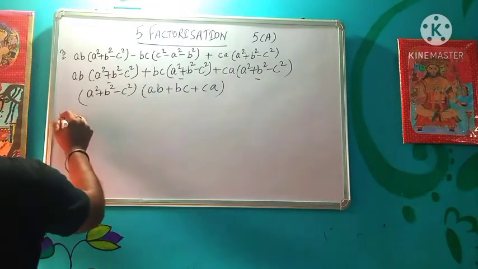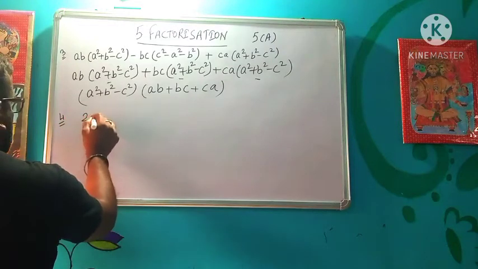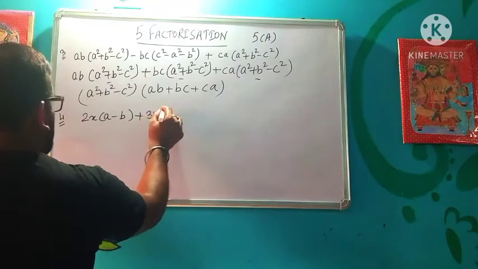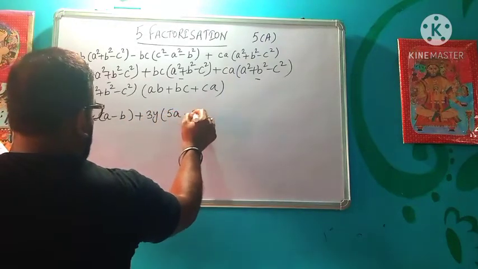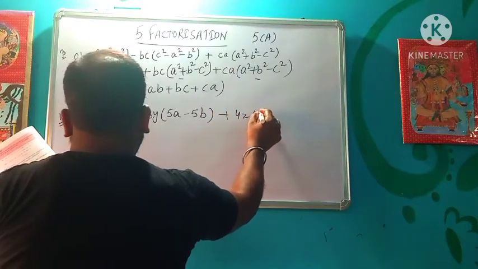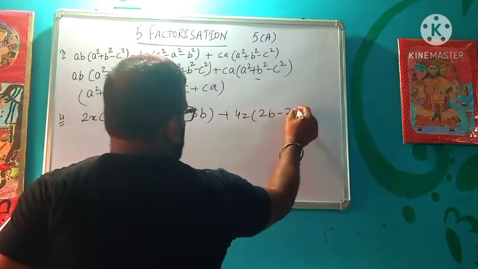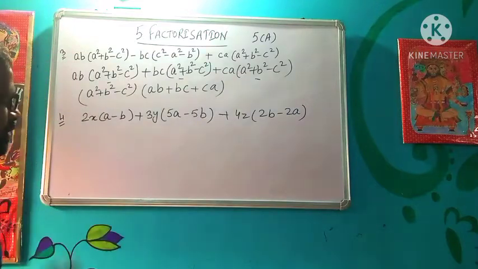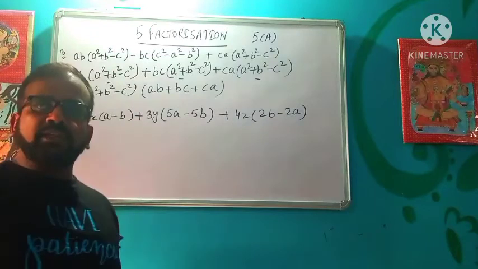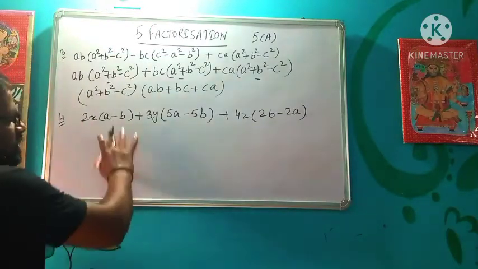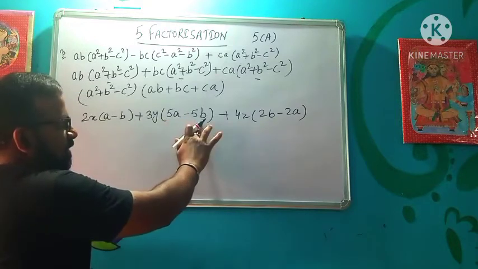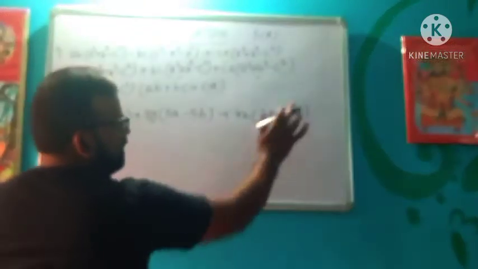Then another type of problem like this. In this, 2x, 3y, 4z, we cannot take any term as common. Now it is a minus b, then 5a minus 5b, and then it is b minus a.